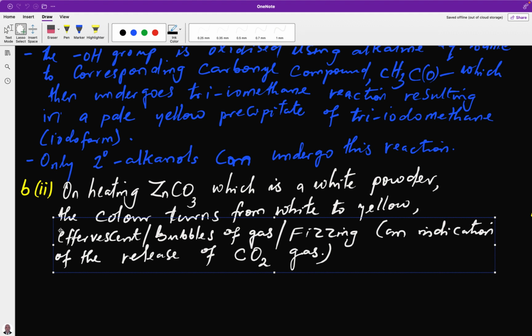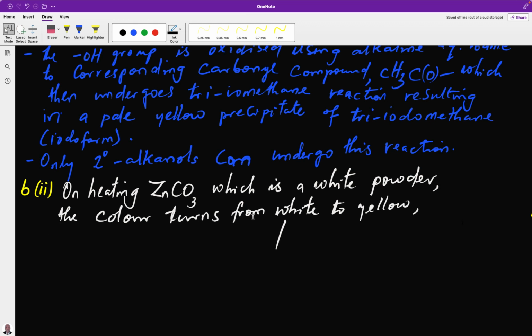So the effervescence is not necessary. So what you can do is say on heating zinc carbonate, which is a white powder, the color turns from white to yellow. This is what is required.